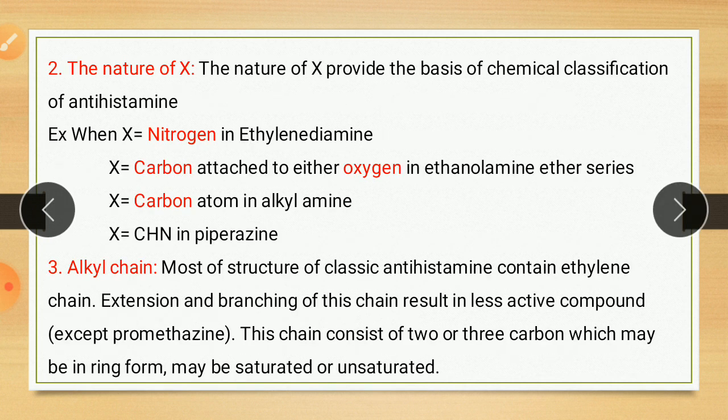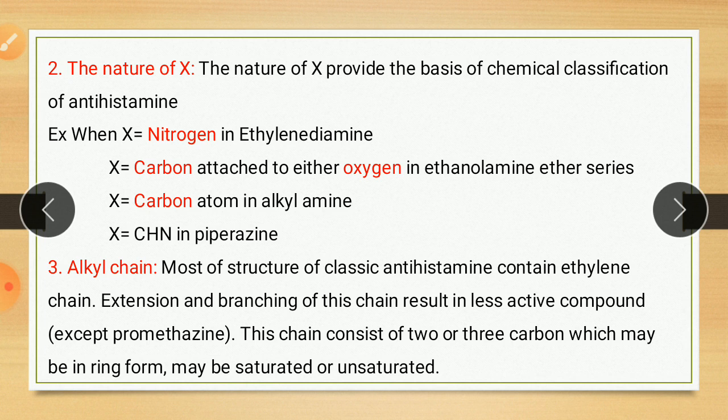Then second, the nature of X. The nature of X provides the basis of chemical classification of antihistamines. When X equals nitrogen, then it is ethylenediamine, as we saw in the previous video on classification of antihistamines. In other words, ethylenediamine contains nitrogen as the connecting moiety.